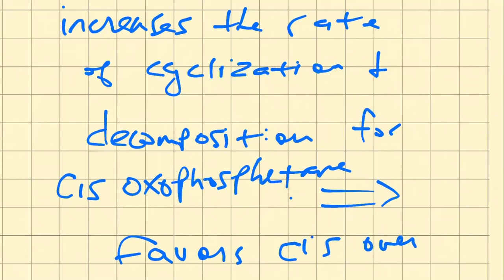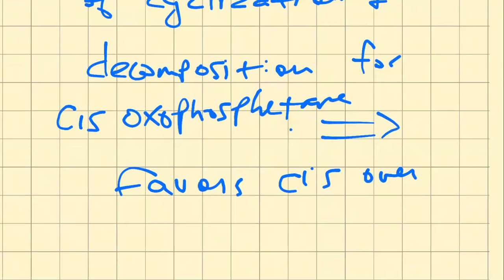Right, you're able to increase the amount of, actually, you're able to flip the selectivity and start to favor the cis over the trans.